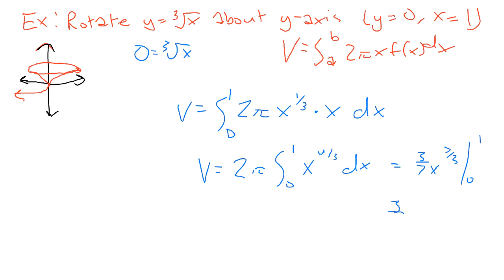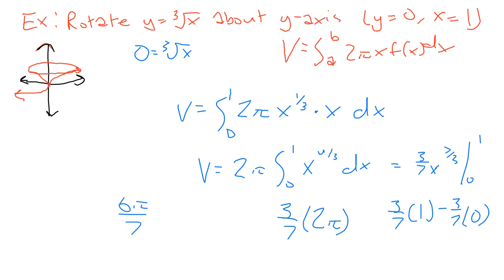So we're going to get 3/7 times 1 minus 3/7 times 0. So we're going to get 3/7 times 2 pi. So our final answer is 6 pi over 7.